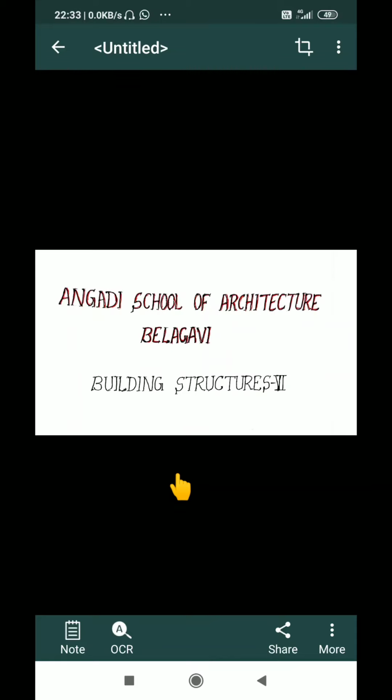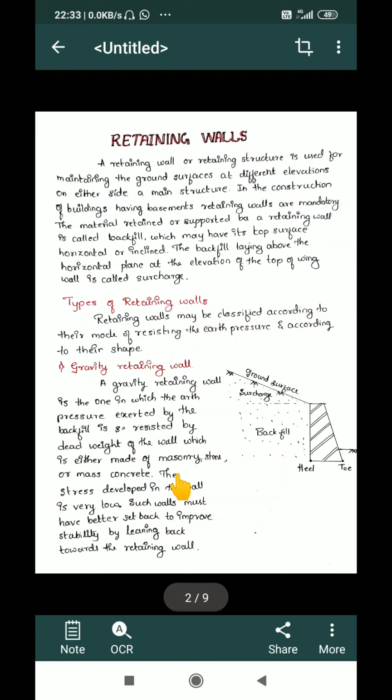In today's session we are going to continue about a retaining wall or retaining structures. In the last session we studied retaining walls, which are retaining structural elements that retain the material from disturbing the main structure.